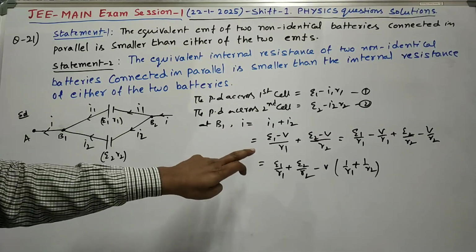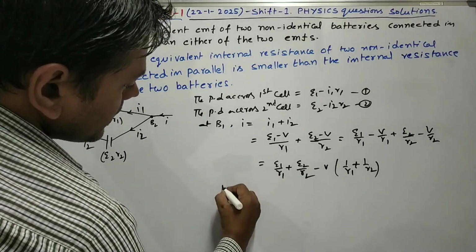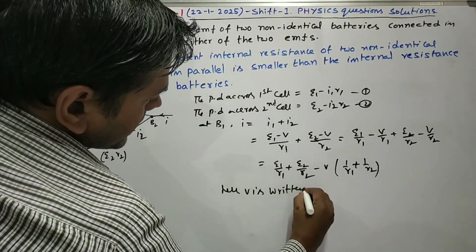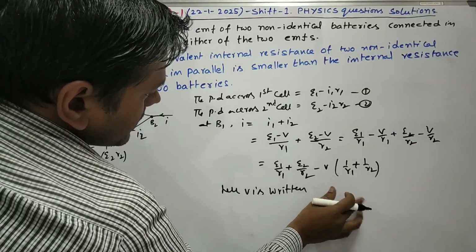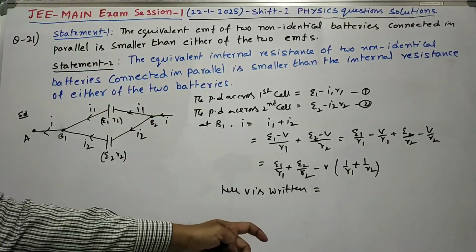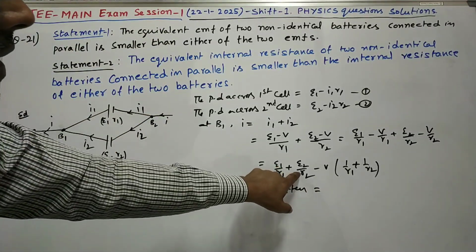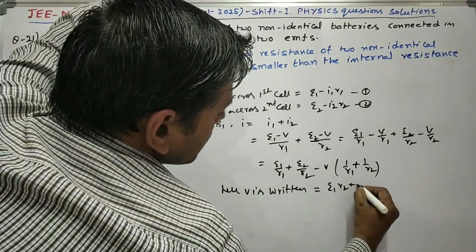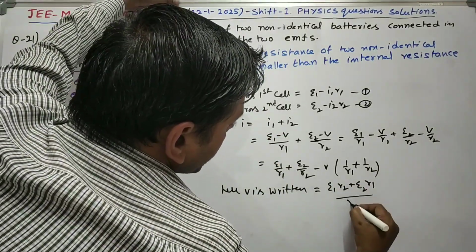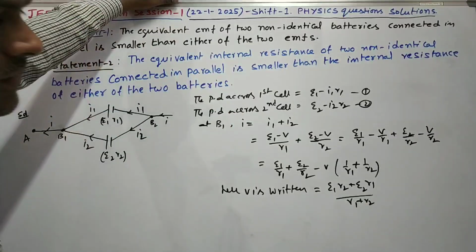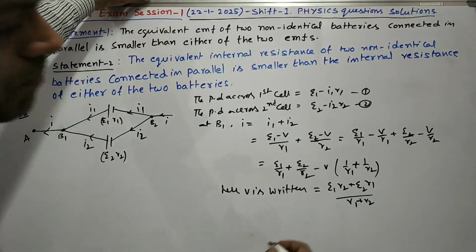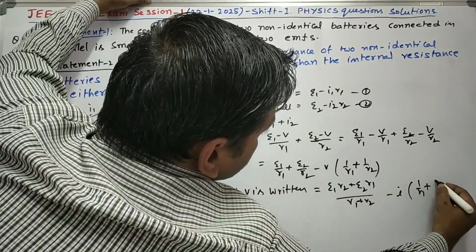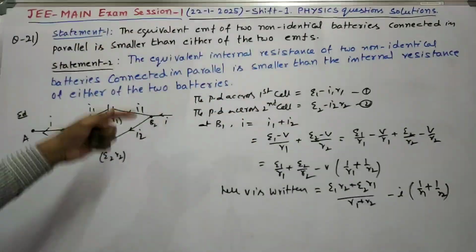Hence V is written as V equal to E1 R2 plus E2 R1 by R1 plus R2, minus current I into R1 R2 by R1 plus R2, that is, 1 by R1 plus 1 by R2 combined.